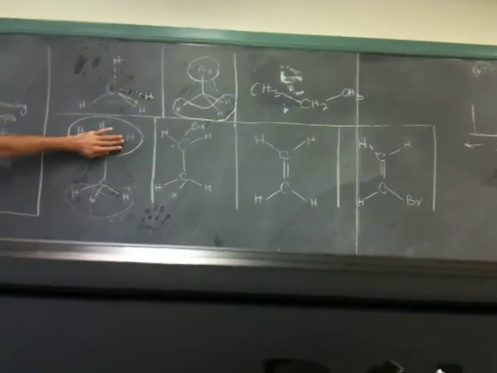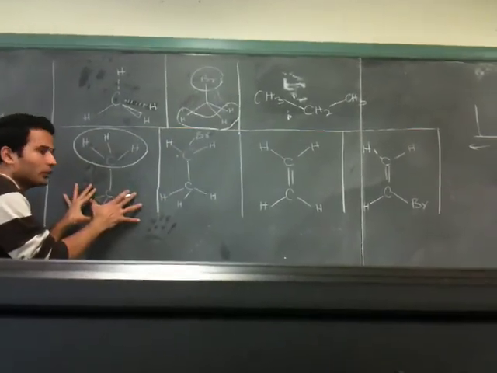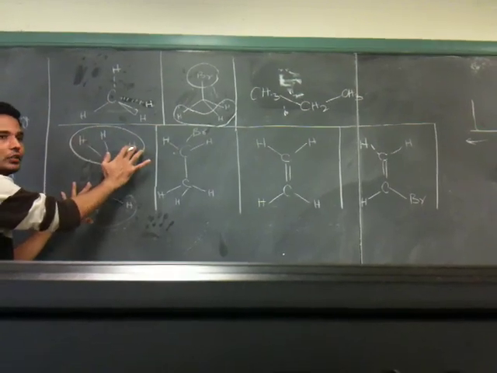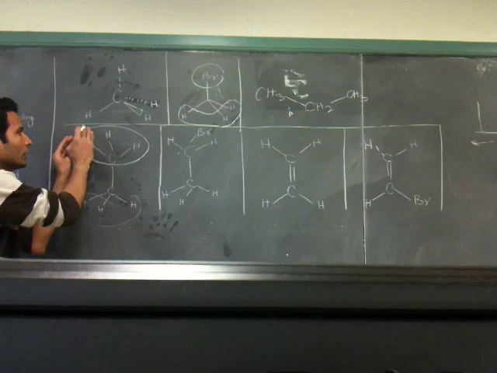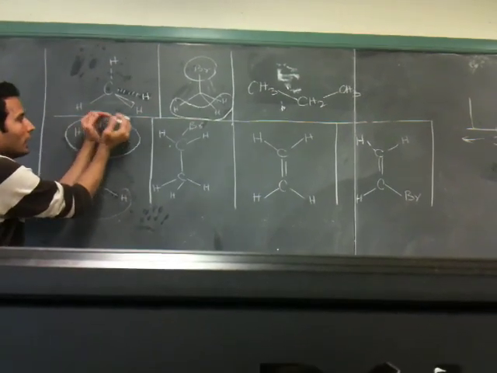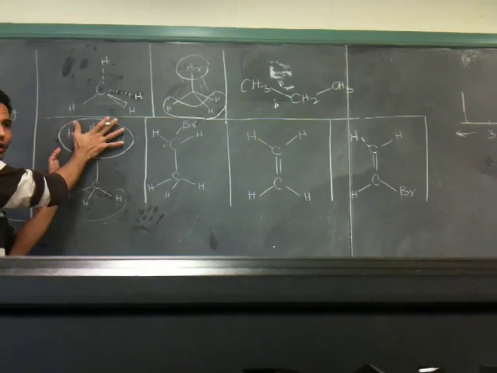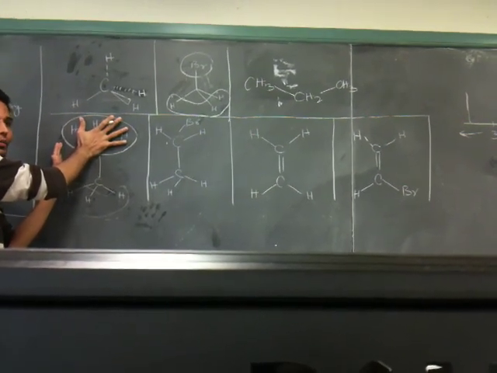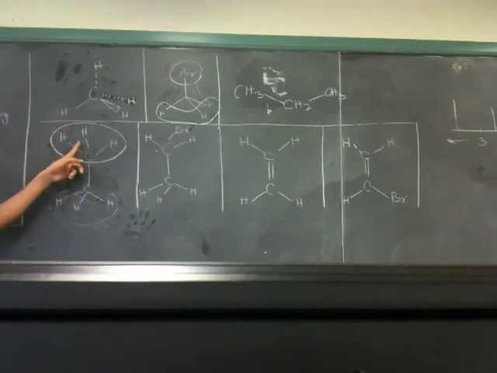But if you look at this one now and consider the force because of this on these three protons, whatever force this group puts on this proton will be the same on this one and this one. So this one makes one set of protons, and you will see one peak for this one.